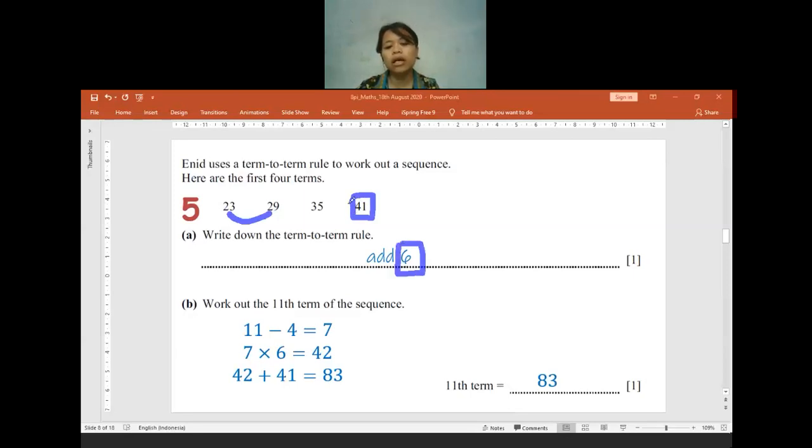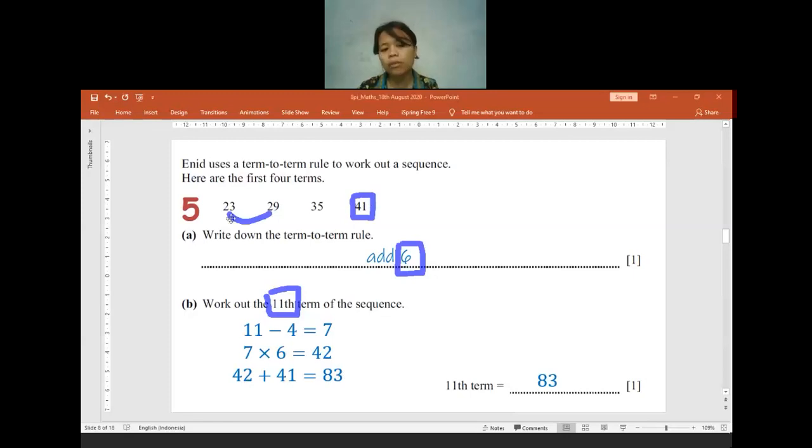Because we are going to find the 11th term, I do 11 minus 4, which equals 7. And then the difference between the given term and the unknown term, we multiply with the term to term rule. So 7 times 6 equals 42. The fourth term is 41. 41 plus 42 equals 83.